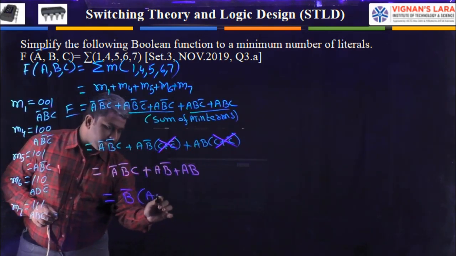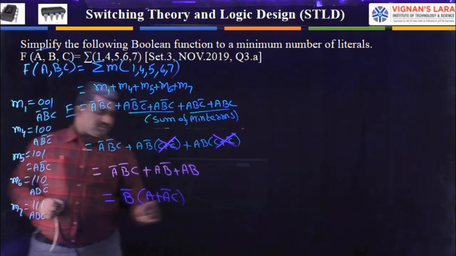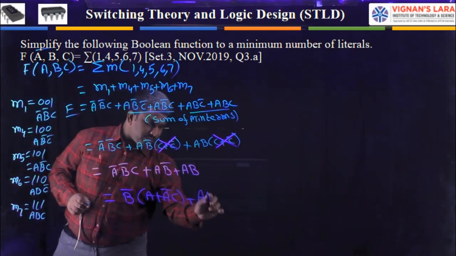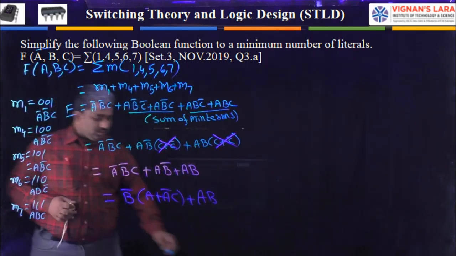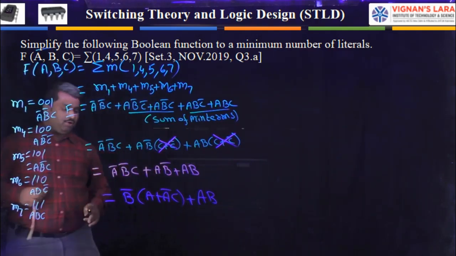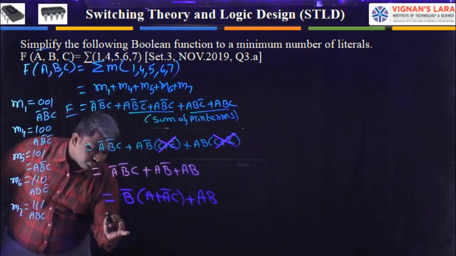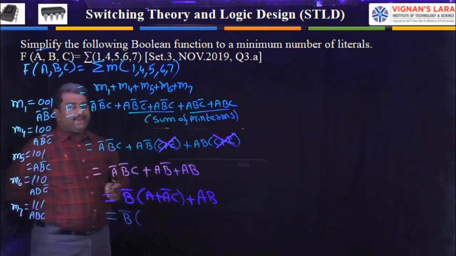So b bar take common. Next, a plus a bar c, plus ab. So next we can write b bar times a plus a bar c. This seems to be like x plus yz.